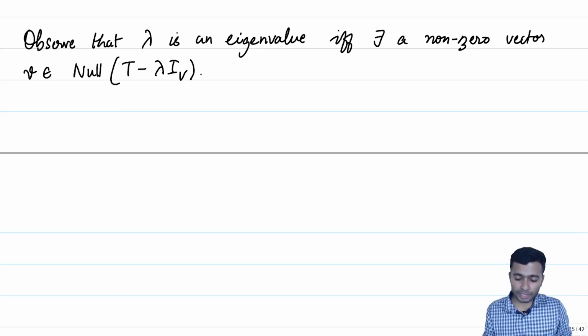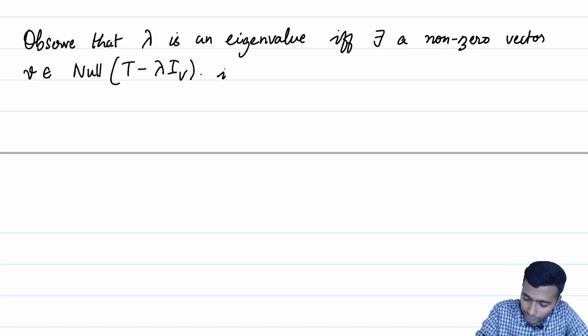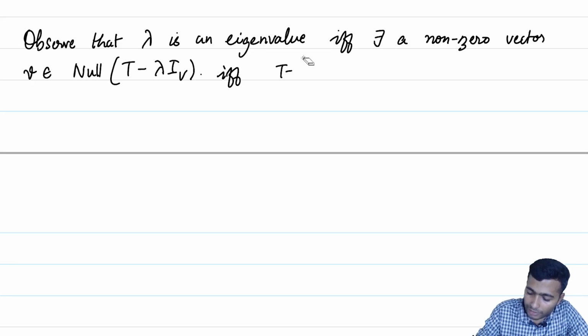But this is the same as telling that T minus lambda IV is not injective. So, this is if and only if T minus lambda IV is not injective.